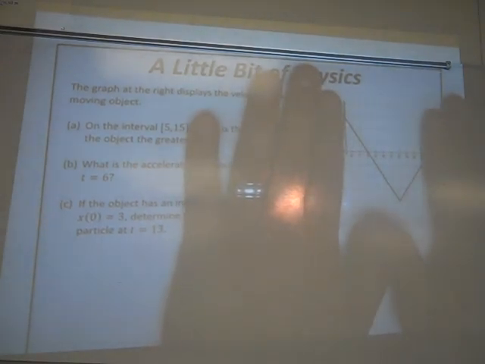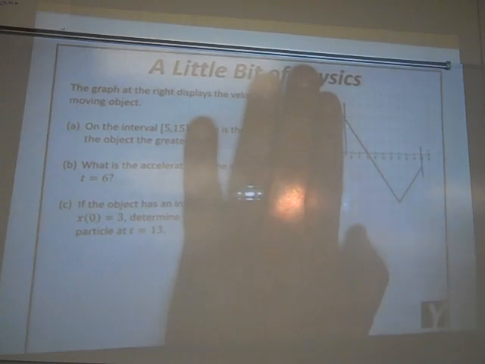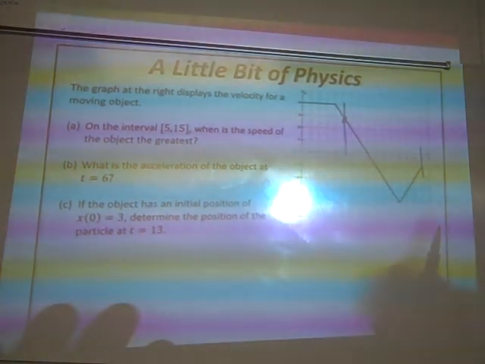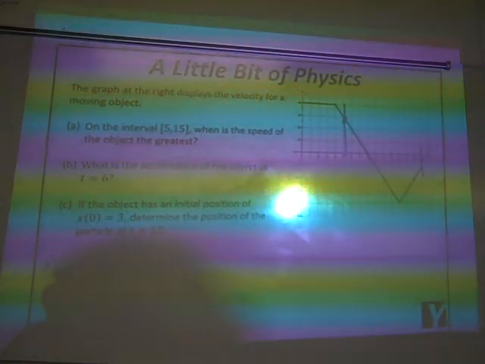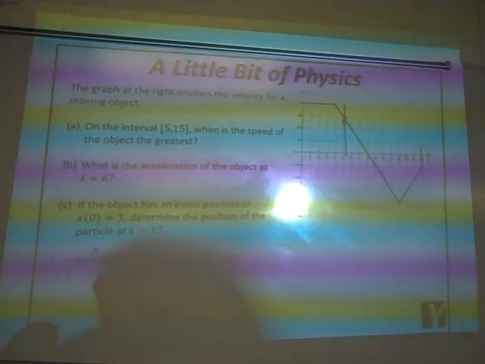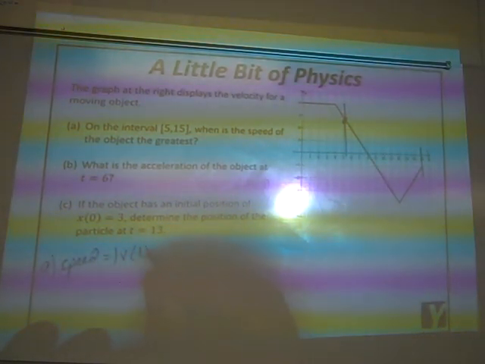So, the first question is, when is the speed the greatest? Well, if I just look at the graph, a lot of mistakes will come in when somebody says, oh, the speed is going to be the greatest over here at 5 because I can see that is the highest point. Well, that's not good enough because the way we get speed is the absolute value of velocity.